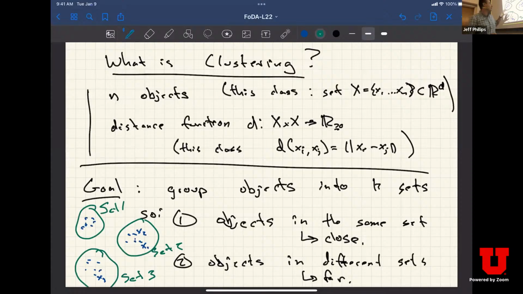I want to say these are all close to each other, in set 3 and set 2 and set 1, they're all close internally. So there are 2 objectives here. If the things in the same set are close, that means these distances between objects are small. The other objective is that different sets are far, meaning these edges between the sets are long.